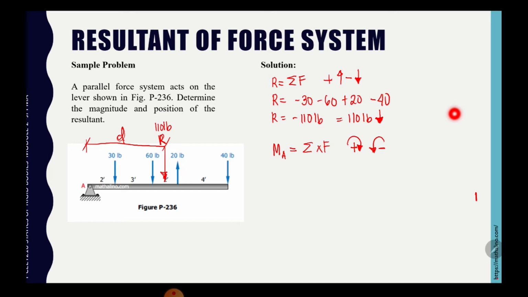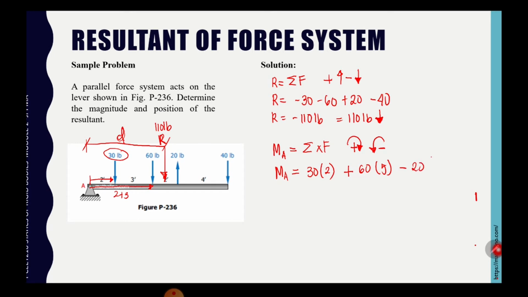So, MA, summation moment at A is equal to, ito muna, si 30 times 2. Bakit naging 2? Kasi yung distance niya hanggang dito is 2 inches. Sa moment at A tayo. Plus 60 times, ang distance naman hanggang dito ay 2 plus 3. So, magiging 5.